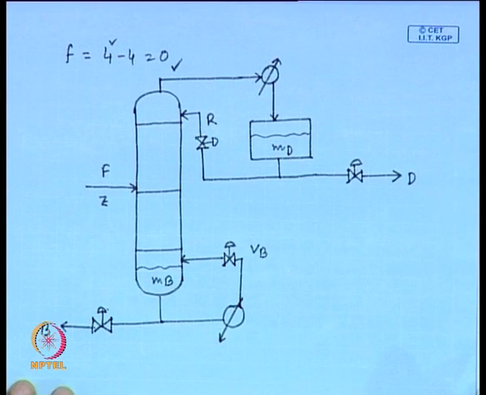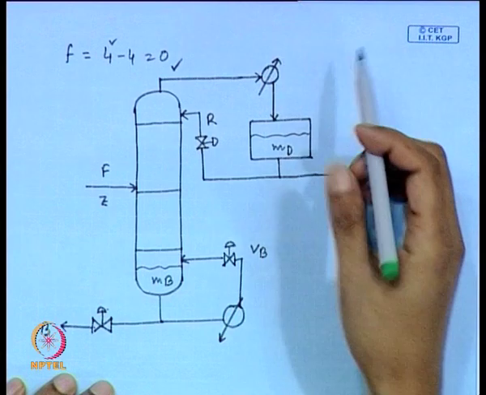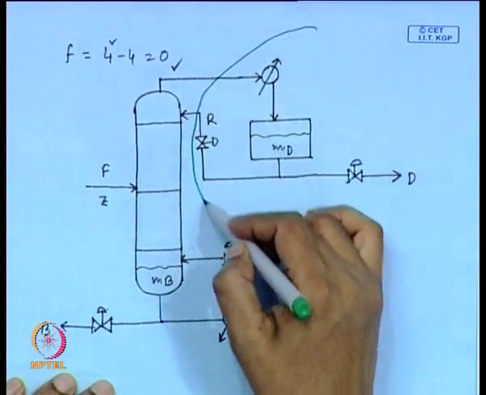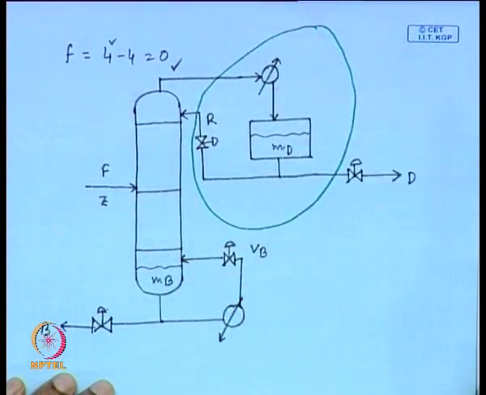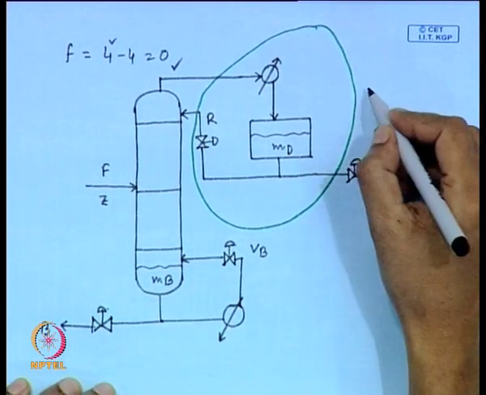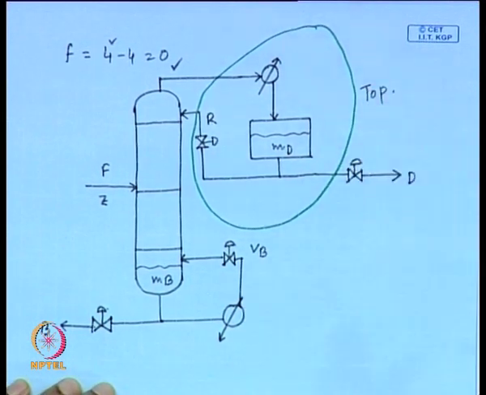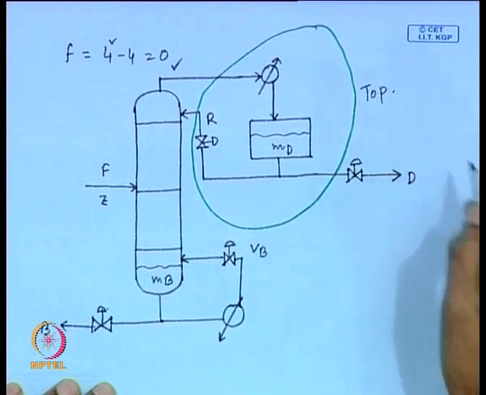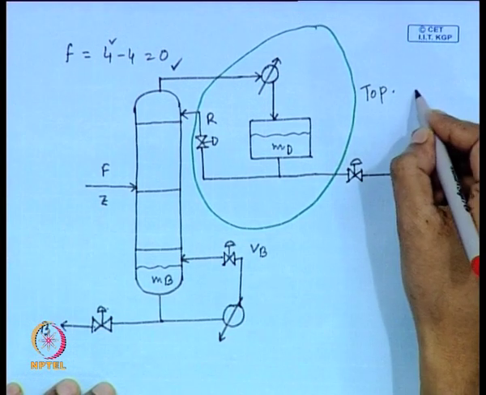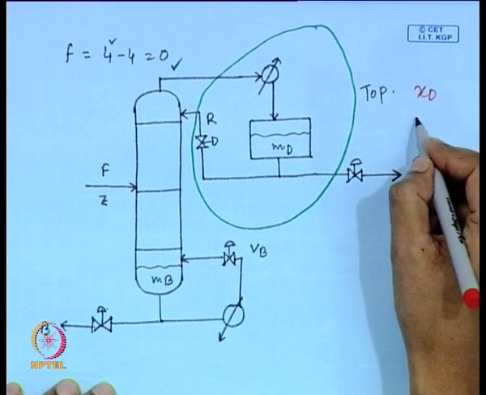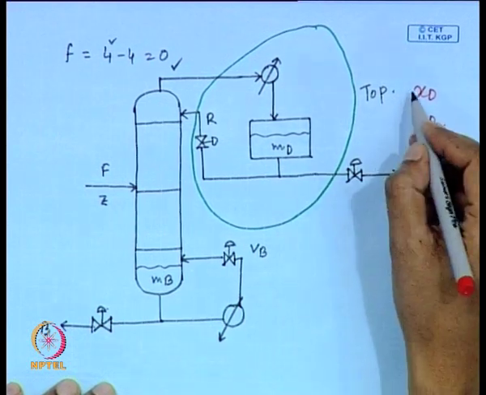Fine. Now, we will consider first the top section, I mean this section. This is the top section. In this top section, you see we have selected two control variables based on our control objective. One control variable is xd, another control variable is md.